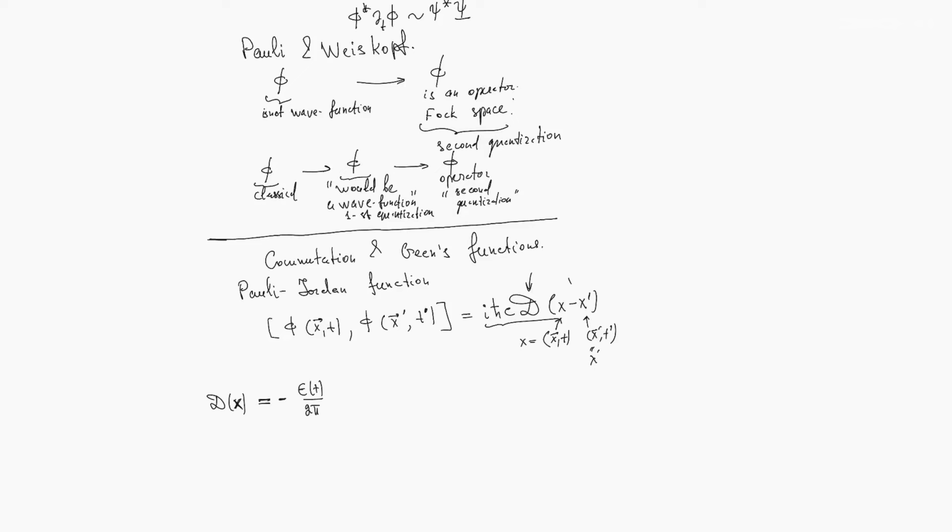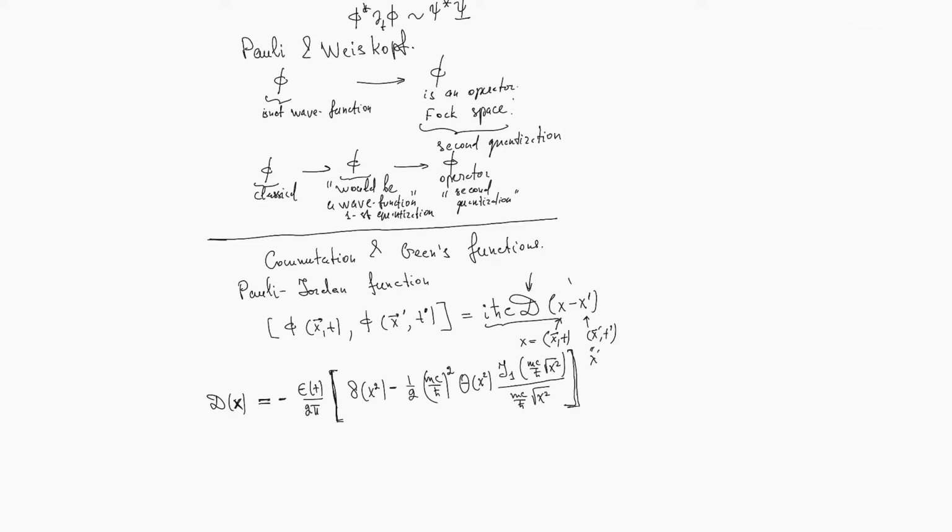Then there is a delta function of x squared, the 4-interval, minus 1/2 (mc over h bar) squared. Then there is a Heaviside theta function of x squared. And then there is a Bessel function J1 of (mc over h bar) times the square root of x squared, where x squared is the 4-interval, divided by (mc over h bar) times the square root of x squared. This is how the Pauli-Jordan function looks.